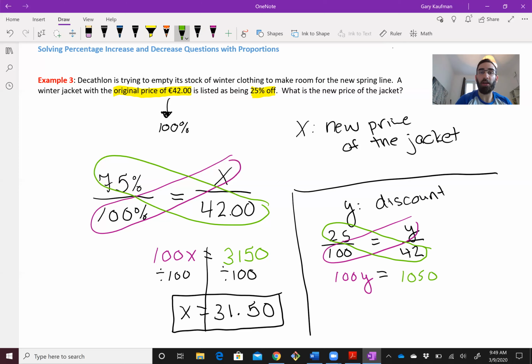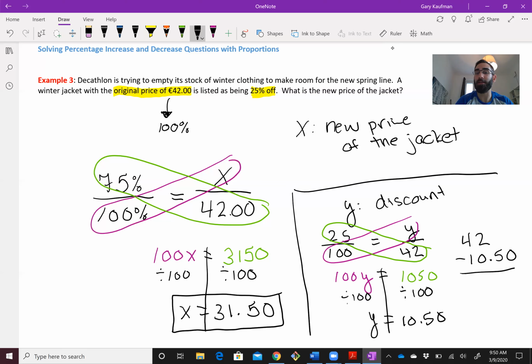I then would have divided by 100 and received 10.50. This is the discount. So I then have to say 42 minus 10.50 and get the answer 31.50. So there's different ways to get the same answer.